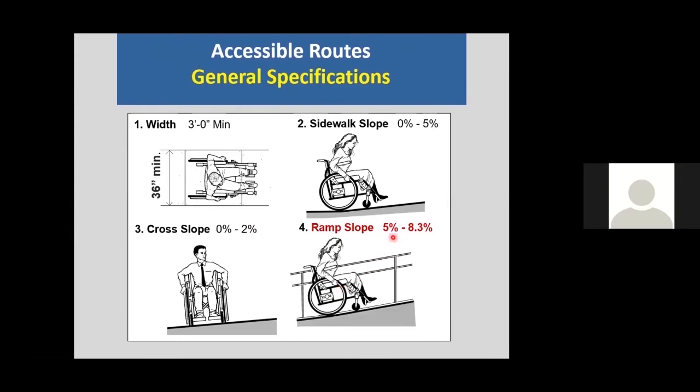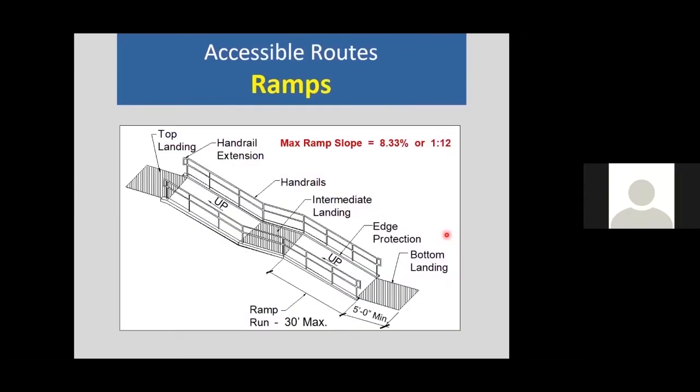And then if we are above 5%, we're on a ramp. We cannot go any higher than 8.3% or it's not considered accessible. So any path that is in this range of 5 to 8.3% is going to be considered a ramp. That's the maximum slope. And this is what we're looking at as criteria for ramps. There's a landing at the bottom.